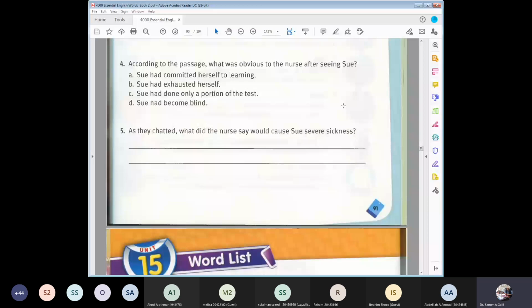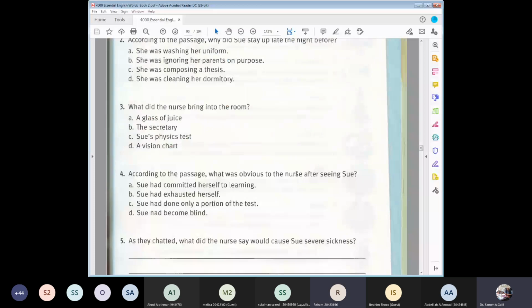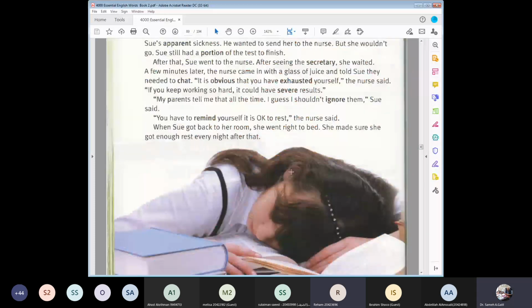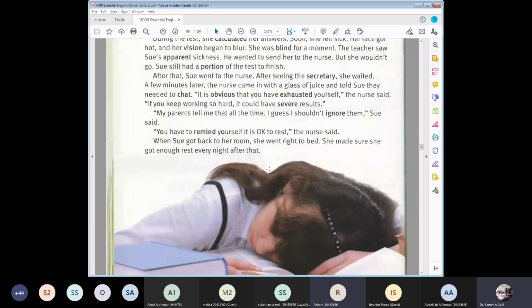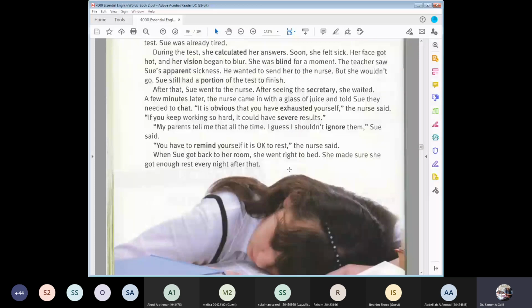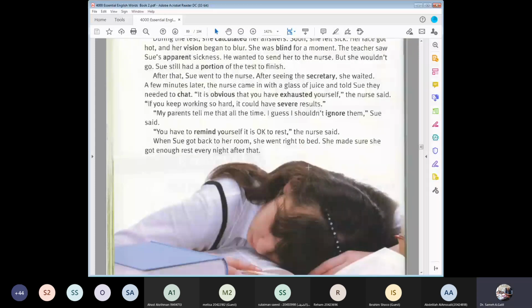Do you have to have choices? She didn't take rest and just kept doing hard work. She told her, if you keep working so hard, it could have severe results, which means that she's asking her not to study.